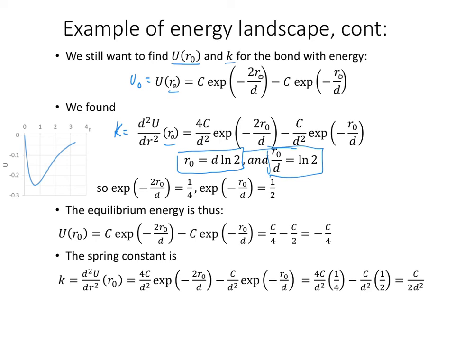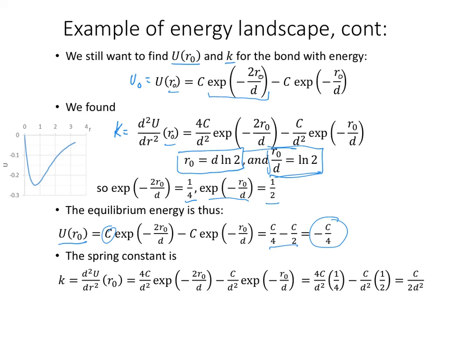In fact, we keep having these expressions, exponent of minus 2 R naught over D, which when we plug in this value gets the value 1/4, whereas exponent of minus R naught over D gives us the value 1/2. And so we can use that to exchange in that the equilibrium bond energy is simply this cofactor C times 1/4 minus C times 1/2, which is just minus C over 4.